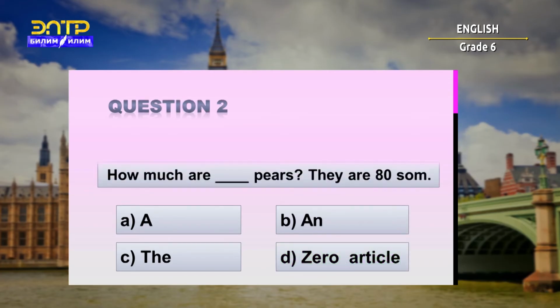Question number 2. How much are pears? They are 80 som. Your options are A, B, an, C, the, D, zero article. Good job.